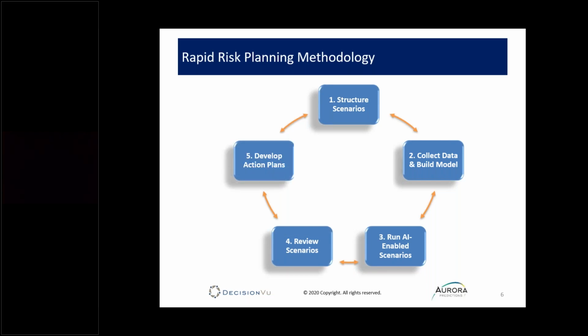And then once we have the model in place and the views in place, we can develop action plans. So these 5 steps are your rapid risk planning methodology. And in the middle of all of that, as you go around the circle, you must communicate and you must manage change. Normally in business we're in a very dynamic environment, and we're even more so now.